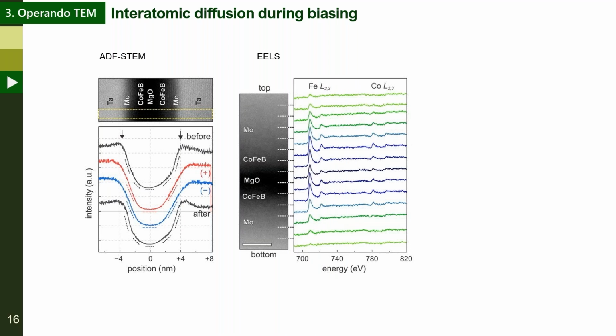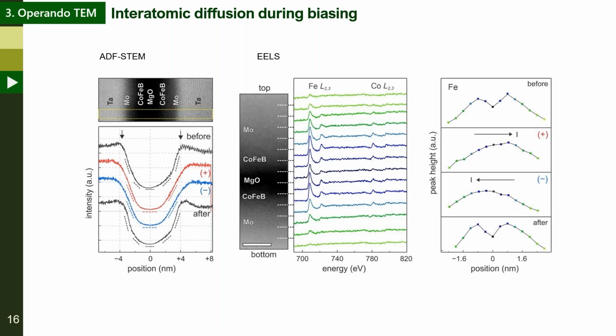Because these iron L and cobalt L edges have white lines, they are very useful for elemental quantification. This elemental quantification revealed significant modifications in the cobalt and iron distributions. Before biasing, cobalt and iron show peaks at the top and bottom cobalt iron boron layers.